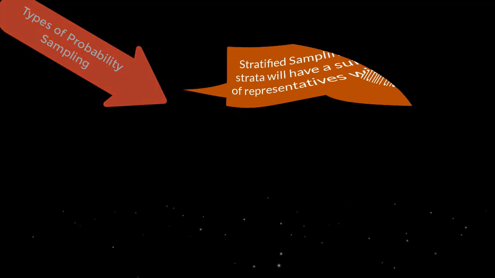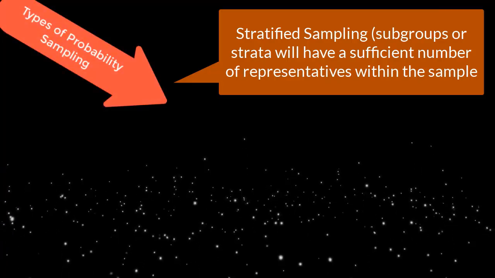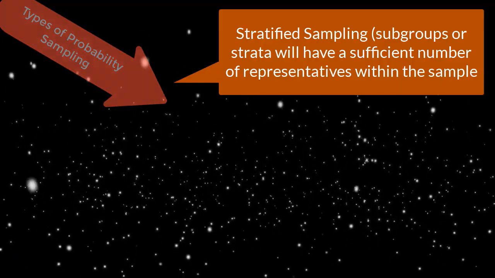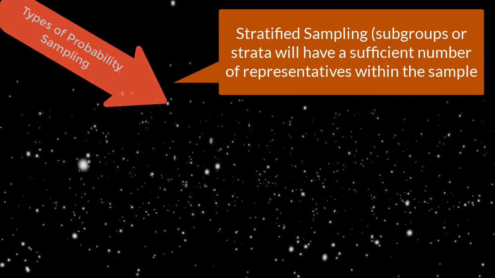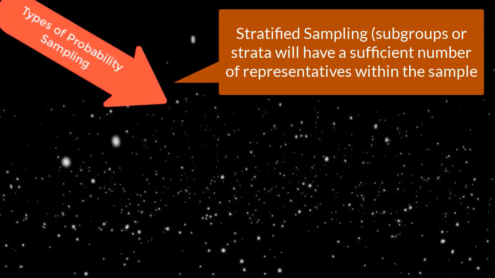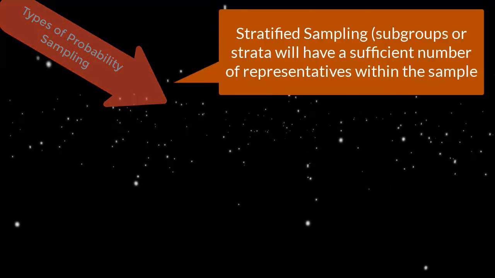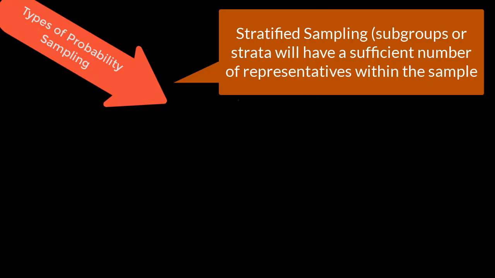Stratified sampling. Stratified sampling is a sampling strategy in such a way that specific subgroups or strata will have a sufficient number of representatives within the sample to provide ample numbers for sub-analysis of these subgroups.